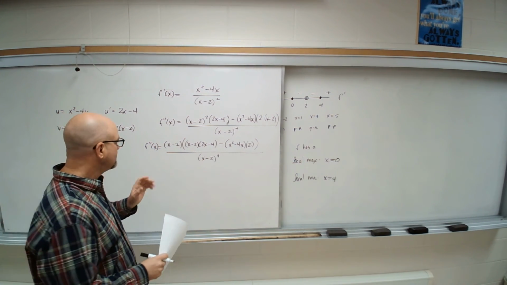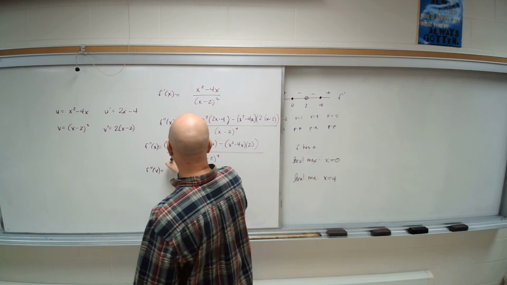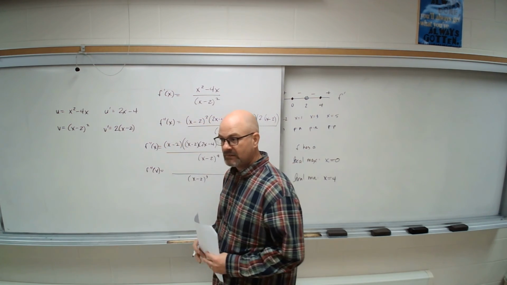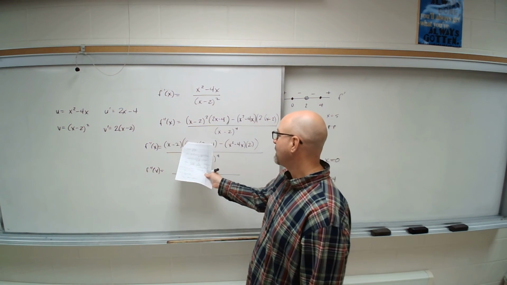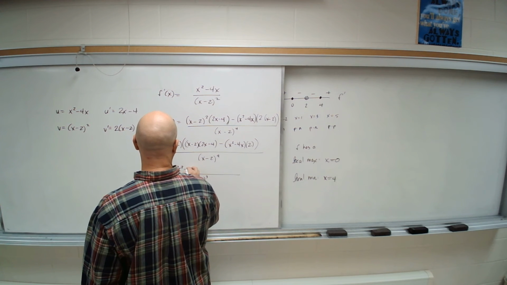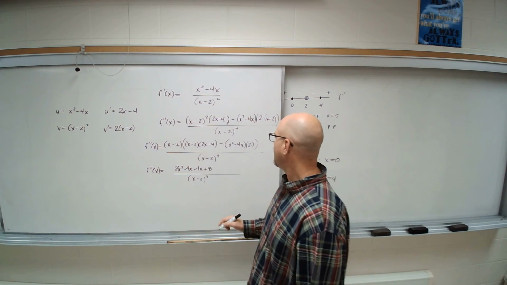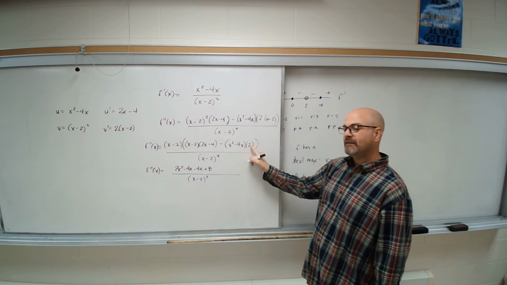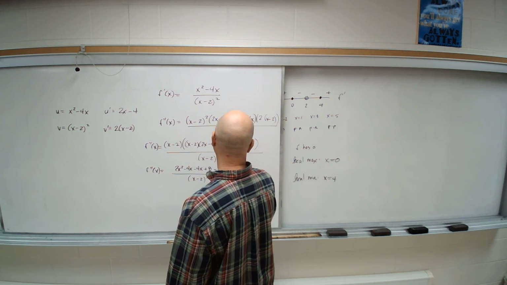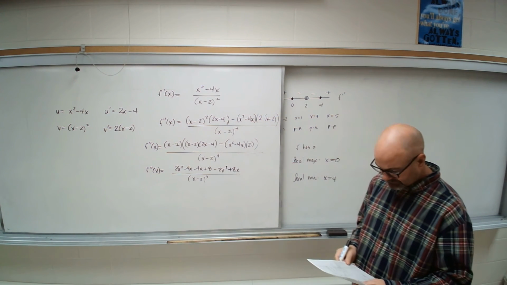Okay, so again, not the easiest derivative we've done today. So that'll go away with one of these. So on bottom will be (x minus 2) cubed. Here we need to go ahead and multiply these two together. So that's going to be 2x squared minus 4x plus 8. Then here we need to distribute the negative and distribute the 2. So let's do negative 2x squared plus 8x.